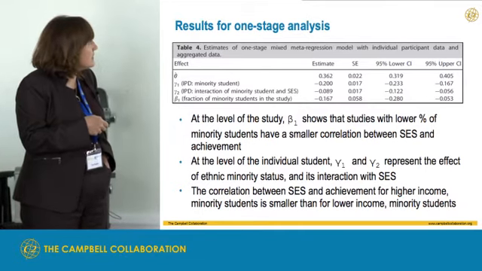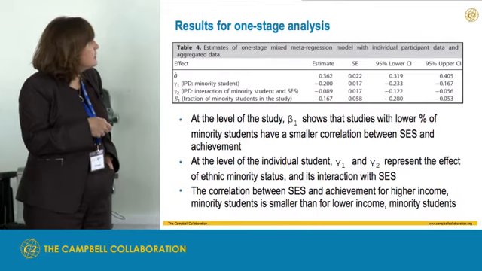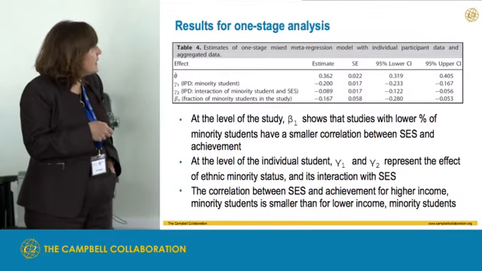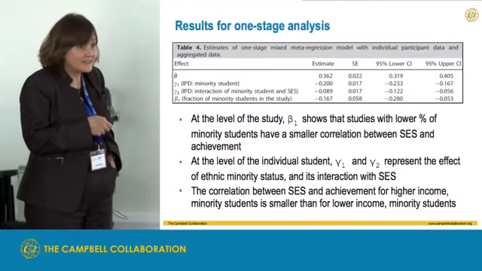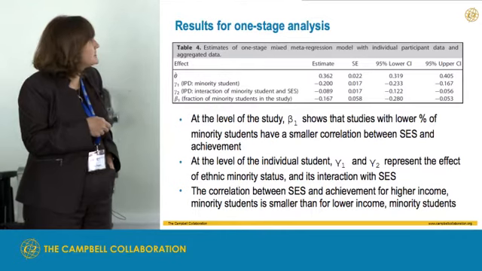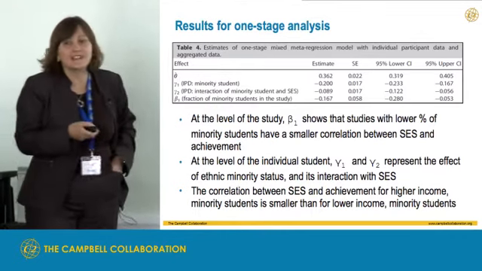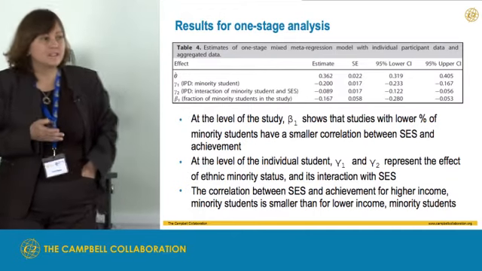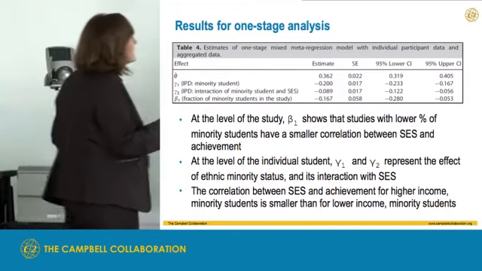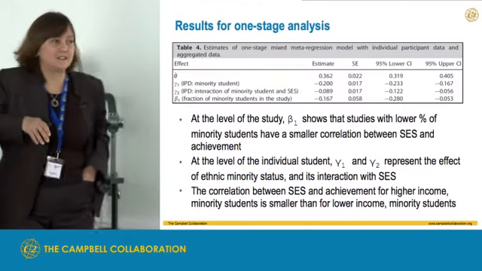So the higher minority student is coded as 1. Okay? So if you're a minority student and you have high SES, that correlation between SES and achievement is lower. So in some ways, what we're getting out of this is that interaction between SES and minority status that we can't get at the level of the study. Okay?